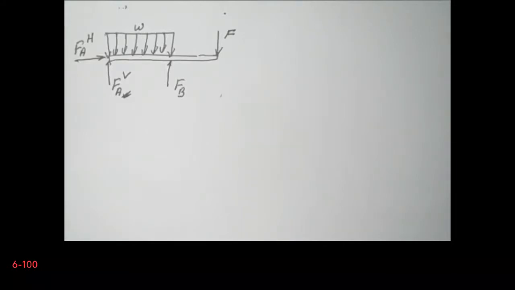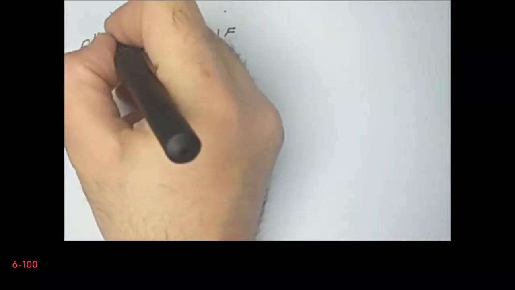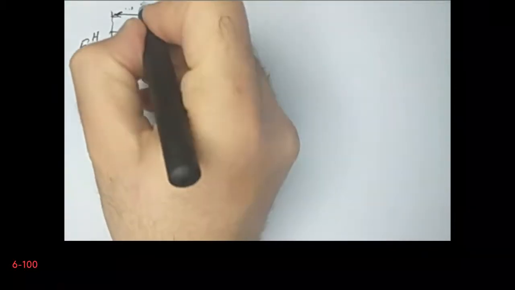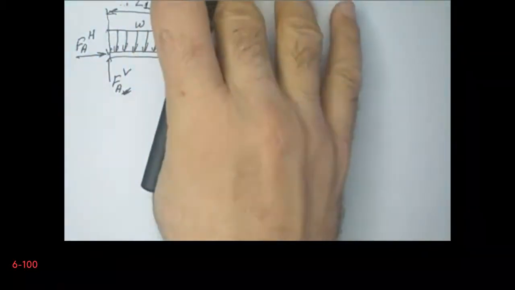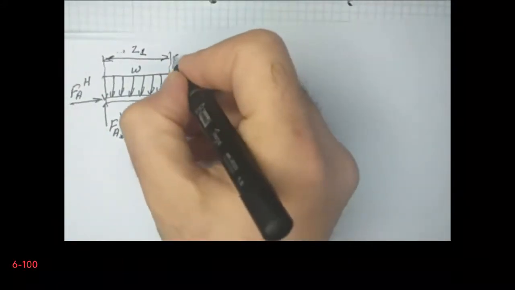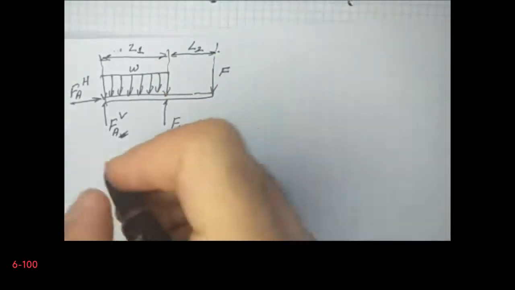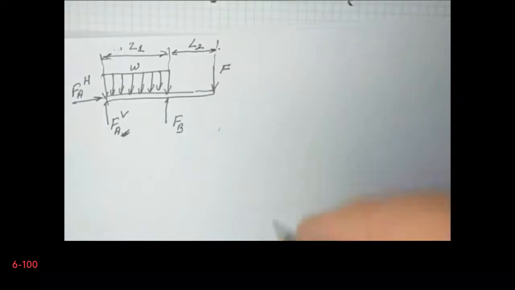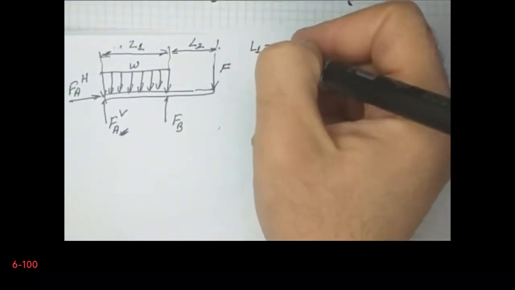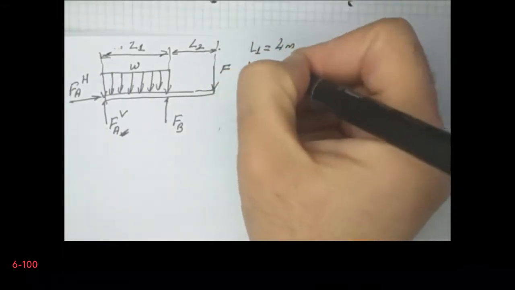I will define some variables. Let's say that this distance is L1, and this distance is L2. As a result, L1 is equal to 4 meters and L2 is equal to 2 meters.